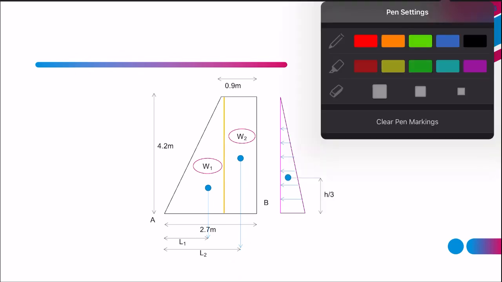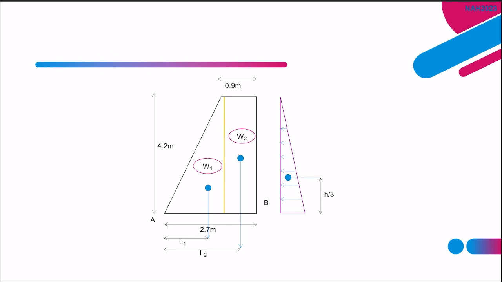You know that the value here is going to be, because this is water, unit weight of water times H, or the density of water times G and times H. The maximum value of the pressure is at the very bottom. That's why when we calculate the total pressure, we will calculate the total area of this triangle.